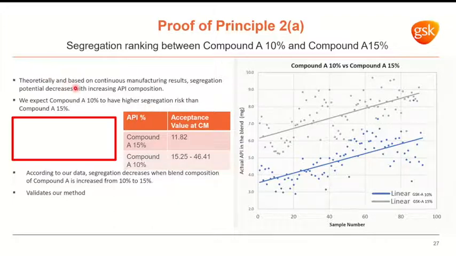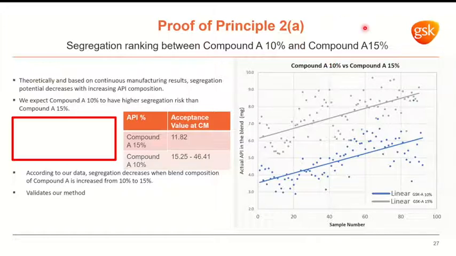So now first, let's talk about compound A. We used two blends. One was compound A 10% and one was compound A 15%. Theoretically, we know that the higher the blend composition, the lower the segregation risk. This is something that we know from the theory.